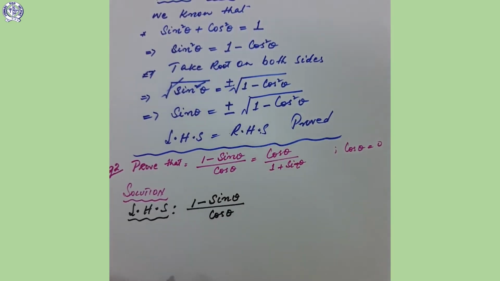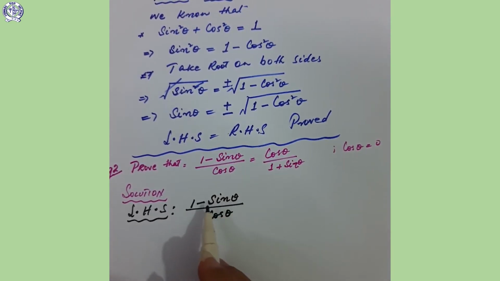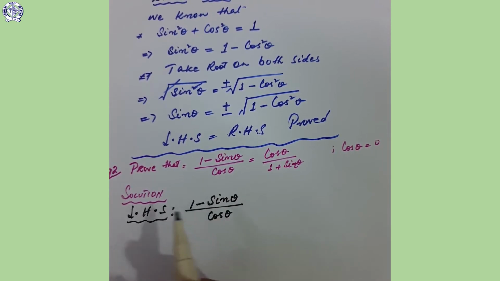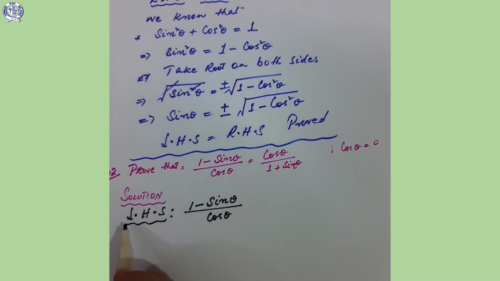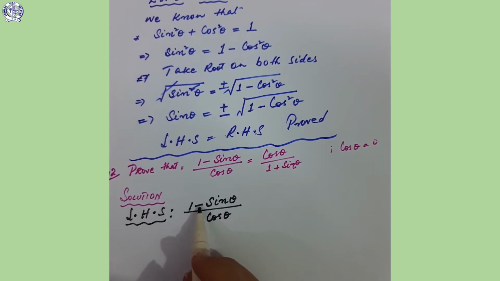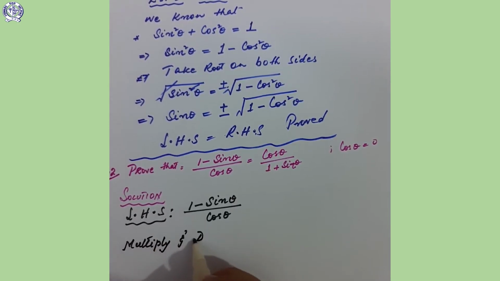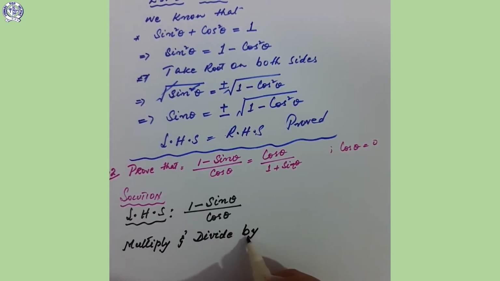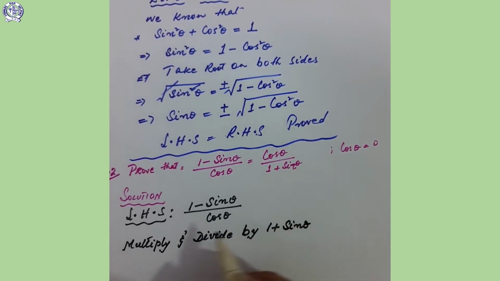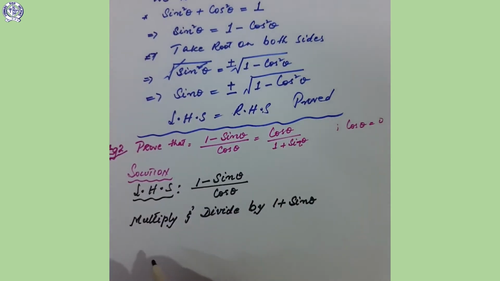Now in this case we will multiply and divide the equation by 1 plus sine theta. Conjugate, you can say, you have done conjugate in surds, so you change the minus sign.